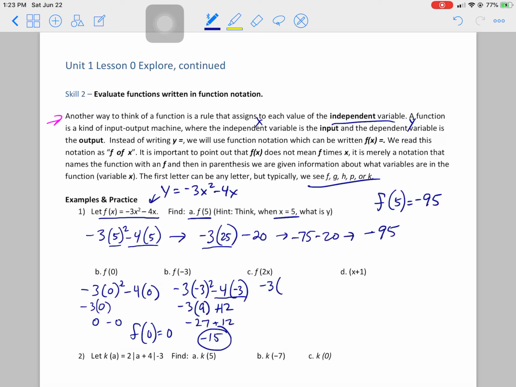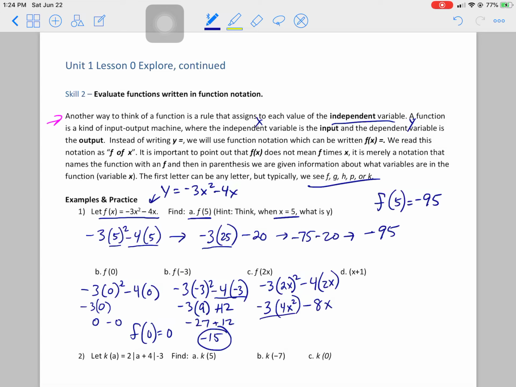All right, now for something weird. We are putting a 2x everywhere there's an x. That's what we substitute first. Then we square 2x. What is 2x squared? Well, 2 times 2 is 4. x times x is x squared. Negative 4 times a positive 2 is a negative 8x.